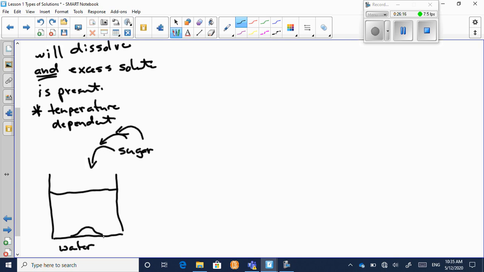But I can't know that I'm at the saturation point until I see that little bit of sugar floating around. And if I change the temperature, it could change the saturation point. If I heat the water up, I could probably dissolve more sugar. So it is temperature dependent.